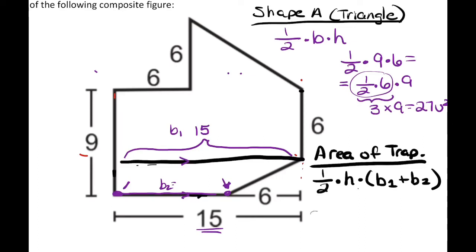That's 15 from here to here. So if that's 15 and we know that this is 6, we'll just take that away. What's 15 minus 6? That's going to be 9. So that's going to be 15 and 9 right there.